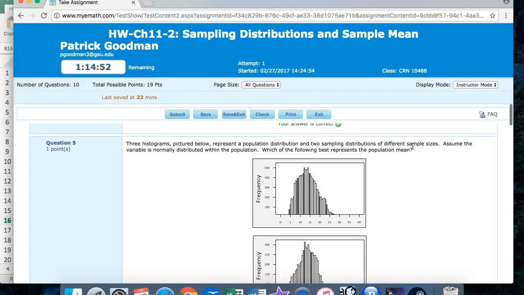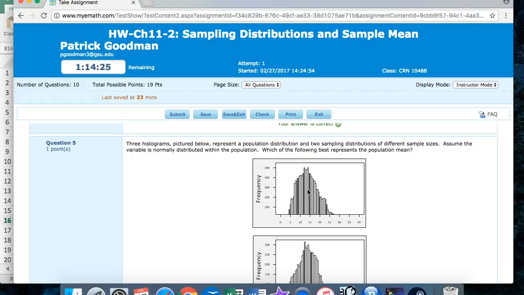Okay, so remember the population mean is the average of every single sample mean ever calculated. So if you take one sample of 50 out of a huge population, you find that mean. You take a new sample of 50, calculate that mean, and another sample of 50, and so on, until you've looked at every single person in your population.